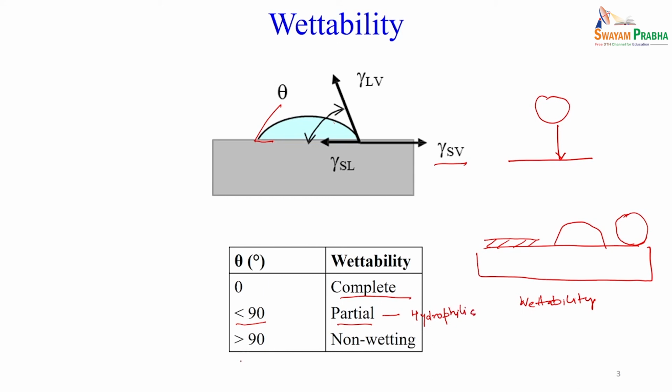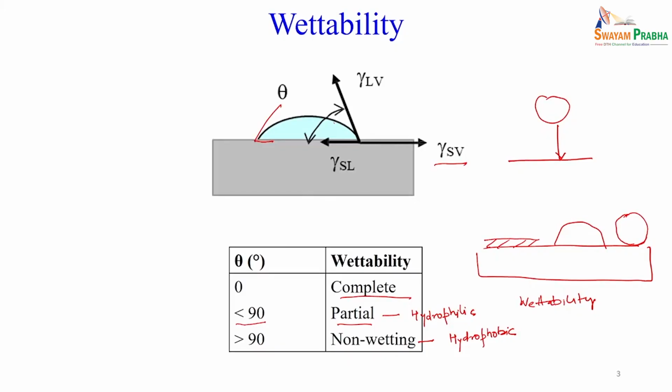And if the contact angle is more than 90 degrees, then it is a non-wetting surface and is called hydrophobic. So, we can easily define wettability in terms of contact angle, and depending on the contact angle we can classify the surfaces as completely wettable, partially wettable or non-wettable. So, we can say it is either hydrophilic or hydrophobic.